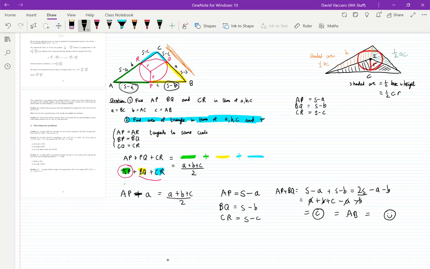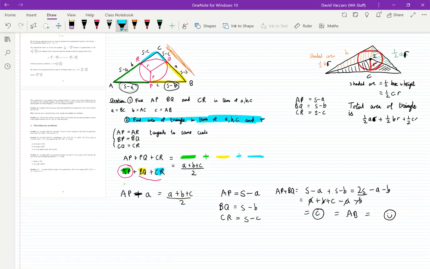So the total area of the triangle is 1/2 AR plus 1/2 BR plus 1/2 CR.